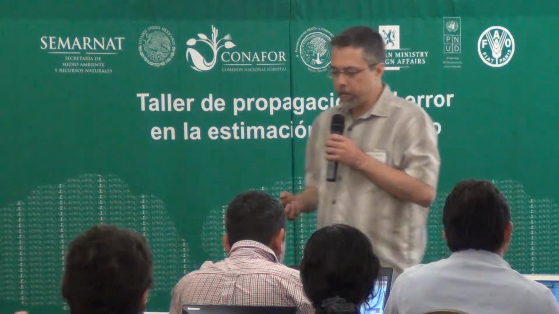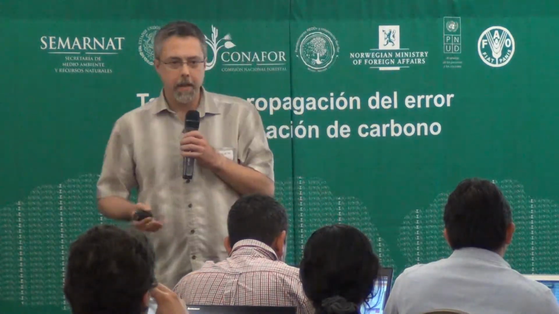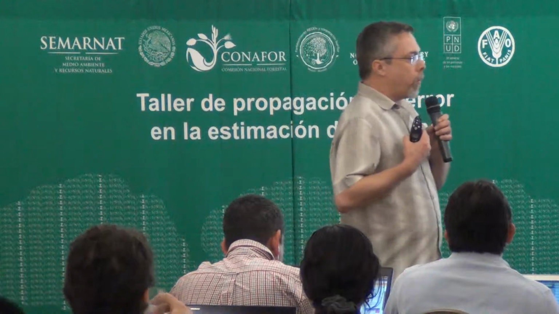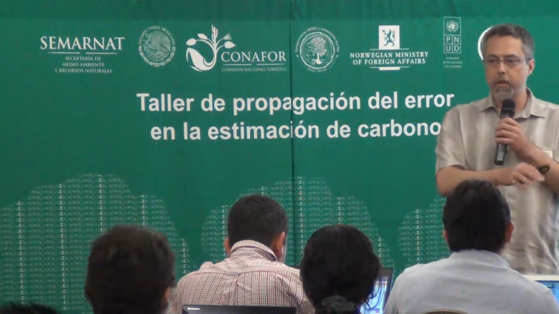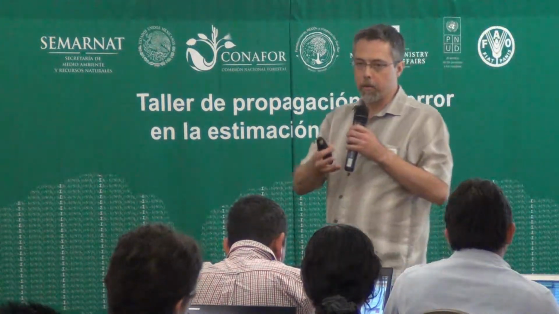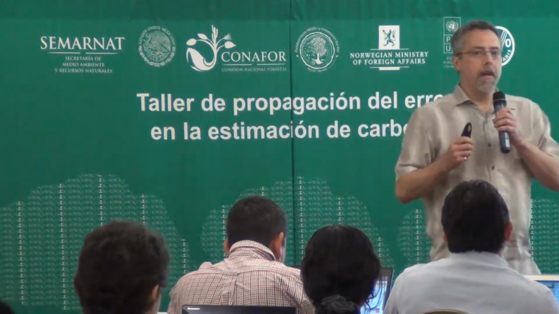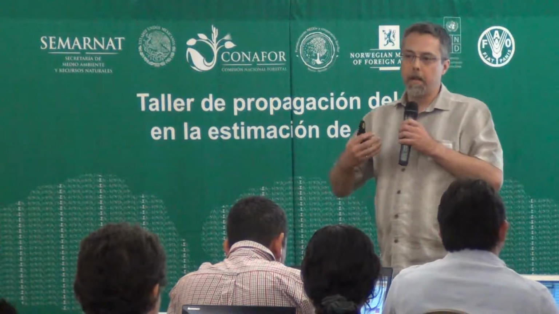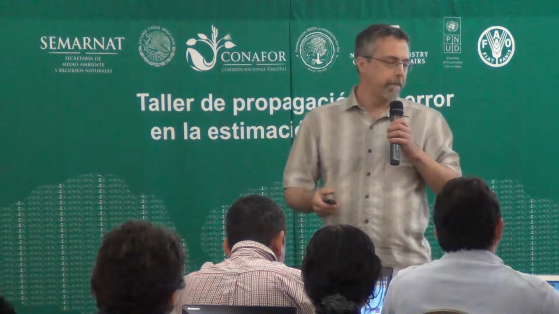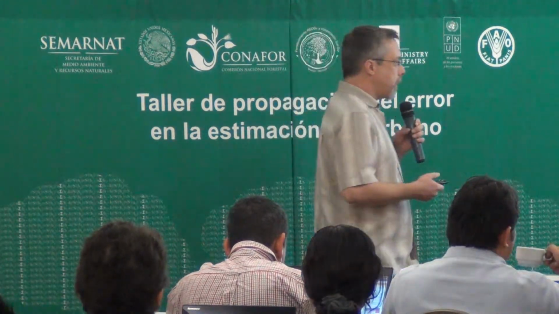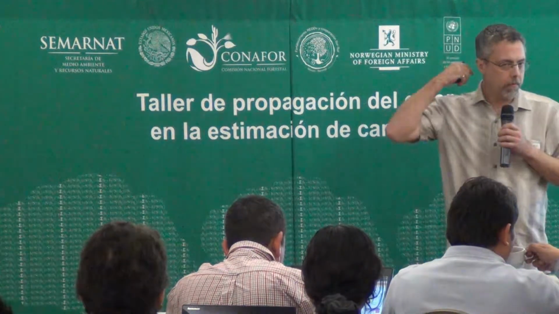So what we decided to do was create a fake forest, because we wanted to understand how these choices of N, distribution of N, and model choice actually affected the uncertainty in real terms of actual biomass of our forest or our population, okay?